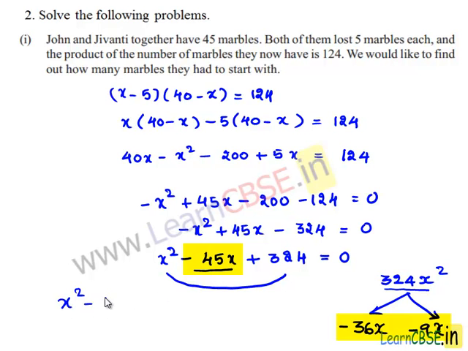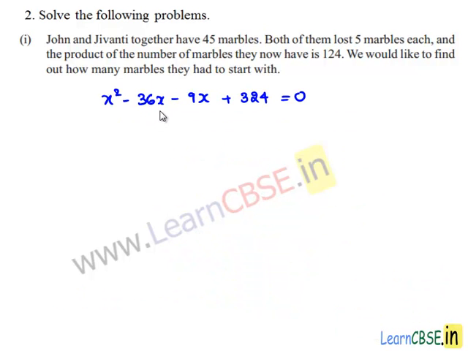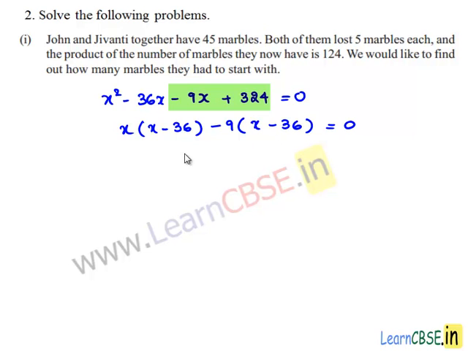x square minus 36x minus 9x plus 324 is equal to 0. Now taking x as common from the first and second terms, we get x times x minus 36, and here we can take minus 9 as common: minus 9 times x minus 36 is equal to 0. x minus 36 can be taken common.